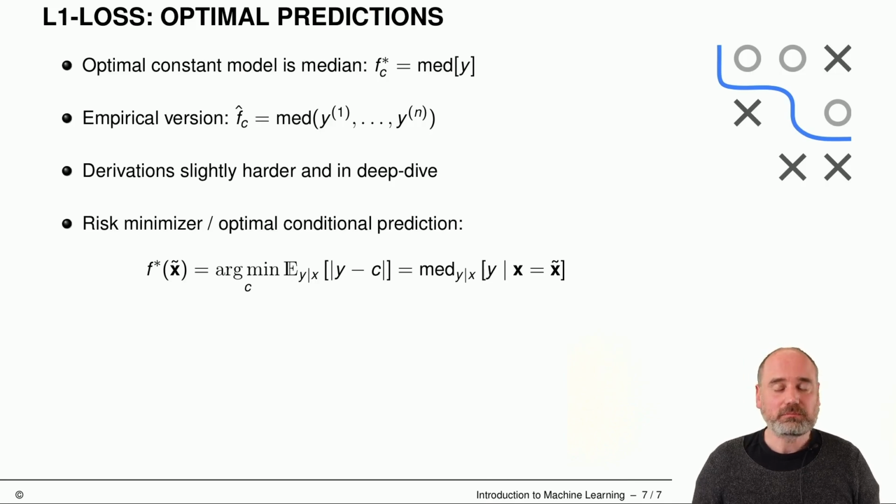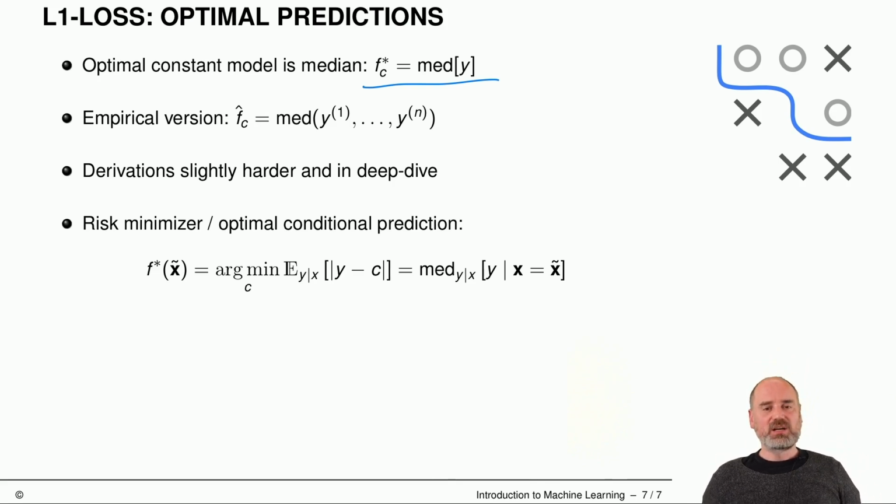Okay, so again, as before, we can now talk about what the optimal predictions under L1 loss are. You can show that the optimal constant model, so just the one constant prediction in a theoretical sense, depending on a certain distribution, would be the median of that distribution.